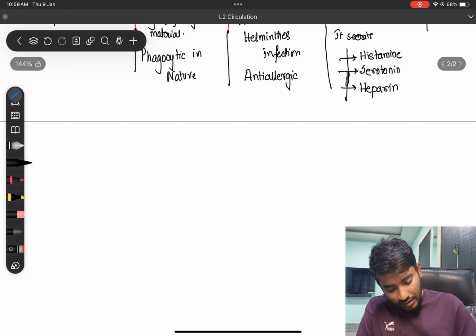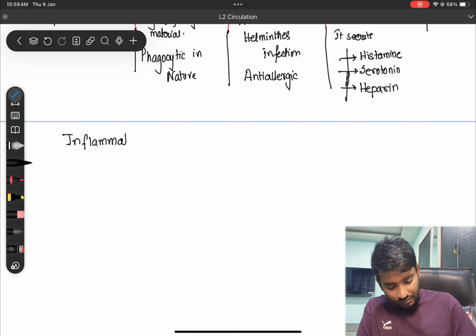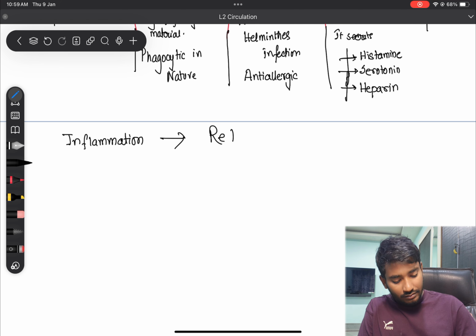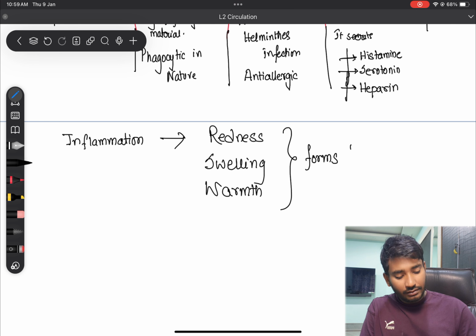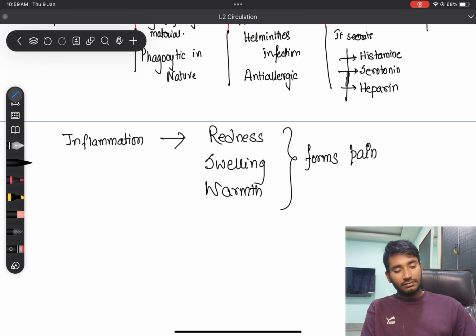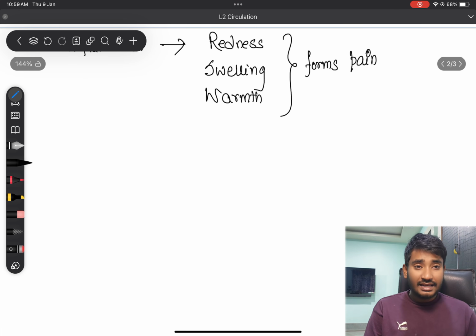Together these three form pain. Pain is a sensation.